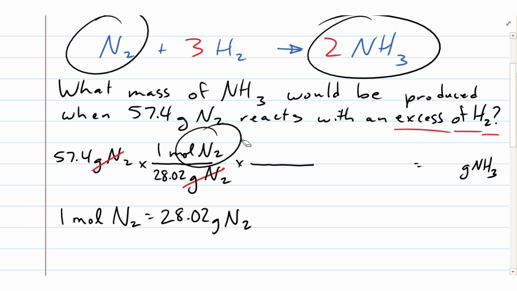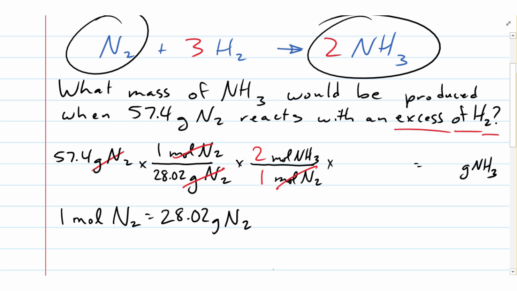So 2 moles of ammonia go on top and 1 mole of N2 on the bottom, because then the moles of N2 cancel out and you end up with ammonia. We always select which ones we put where based on how the units will cancel out. So again, this is your molar ratio.